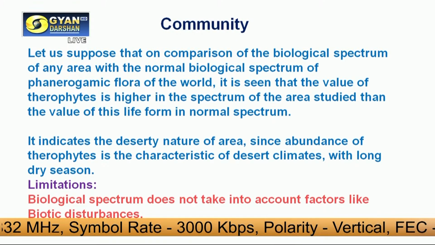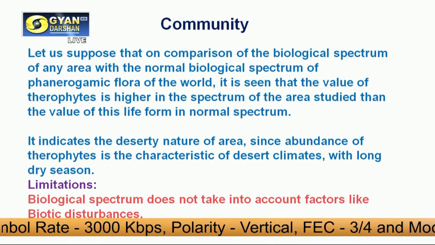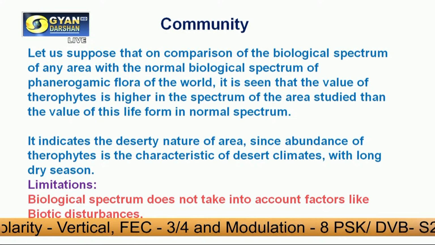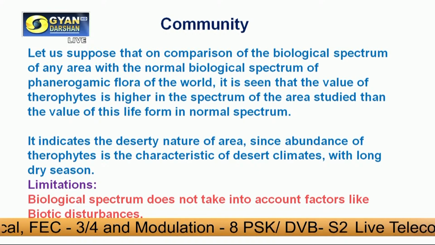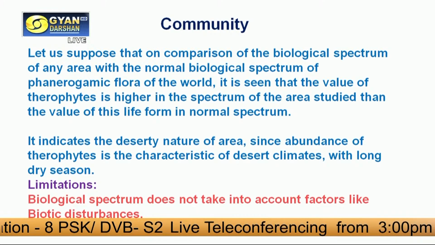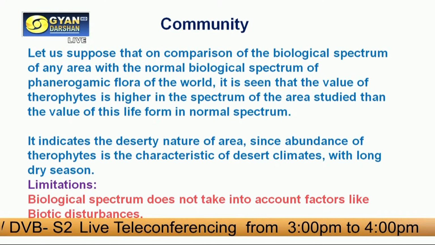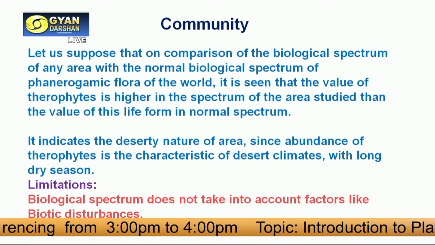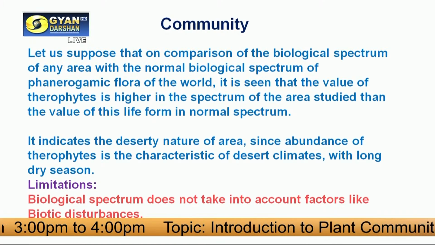So I give you an example here. Let us suppose that on comparison of the biological spectrum of any area with the normal biological spectrum of the phanerogamic flora of the world, it is seen that the value of therophytes is higher in the spectrum of the area studied than in the normal spectrum.